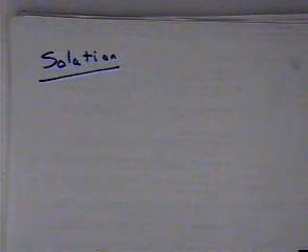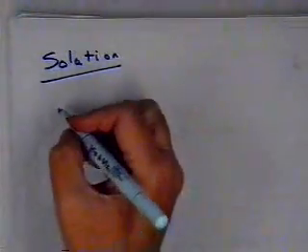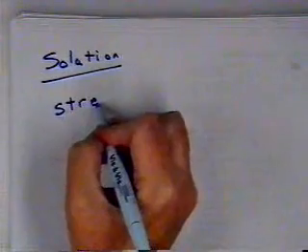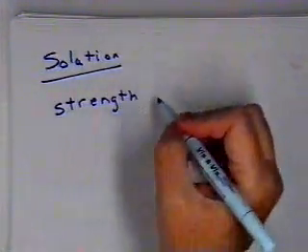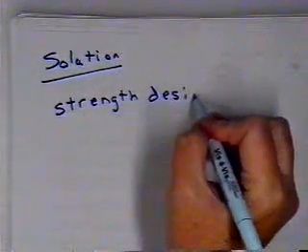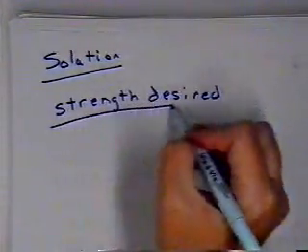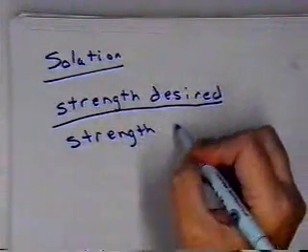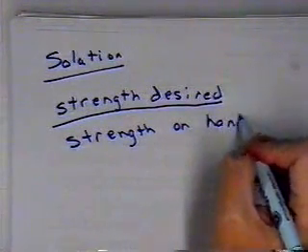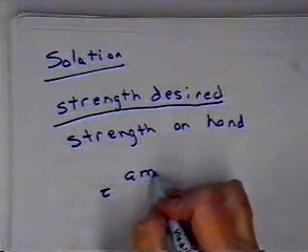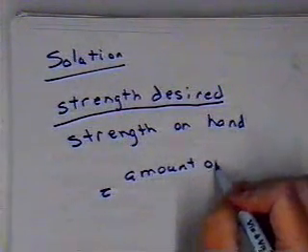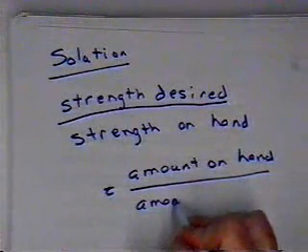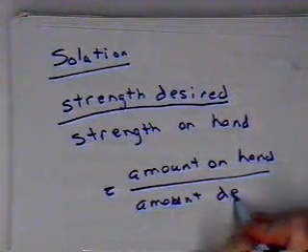And to make a solution, we have to remember the formula: strength desired divided by strength on hand is equal to amount on hand over amount desired.